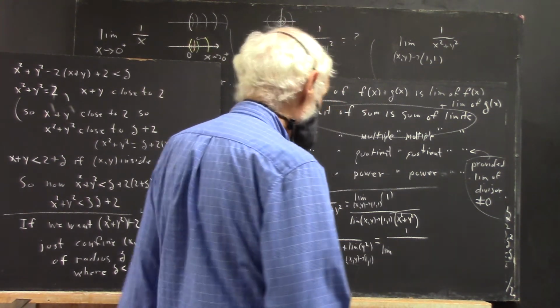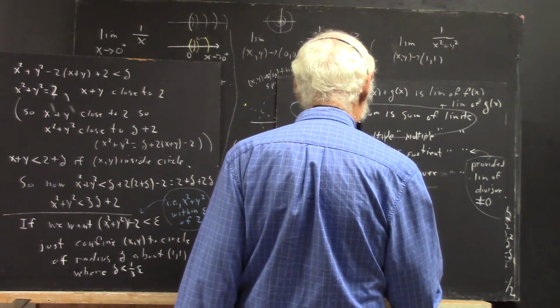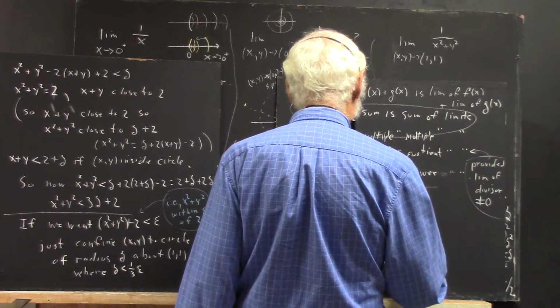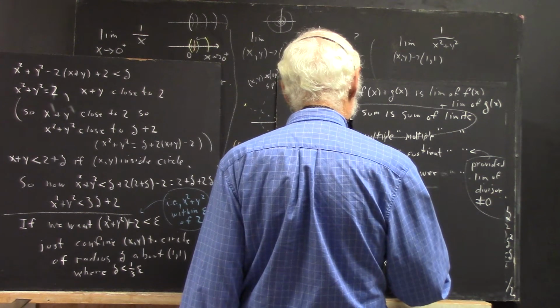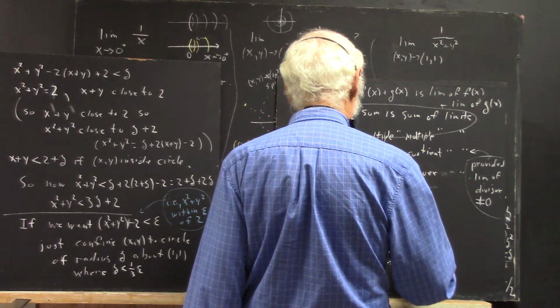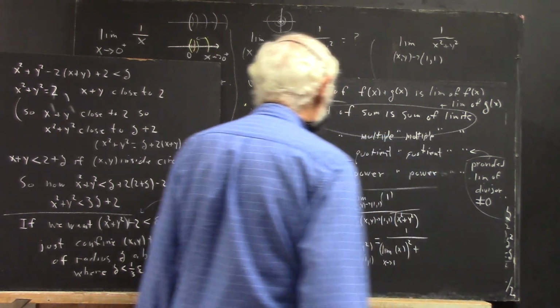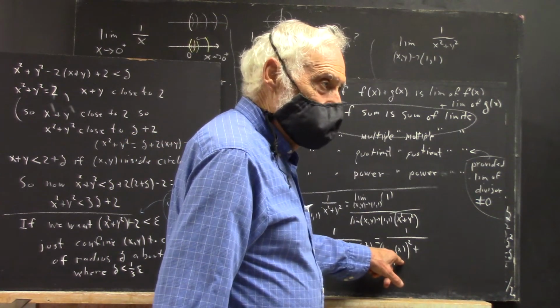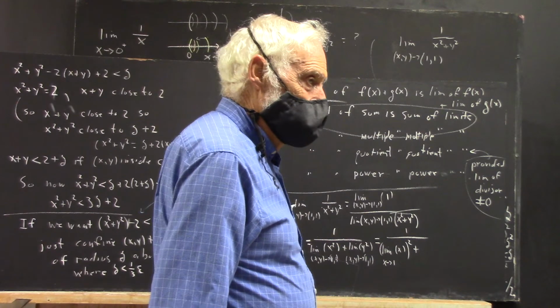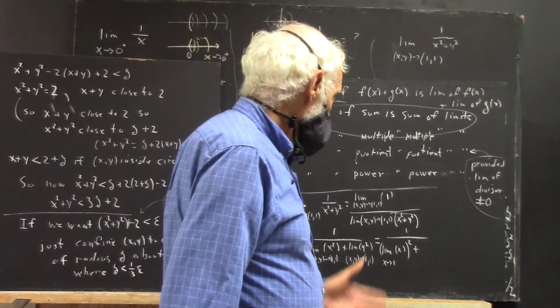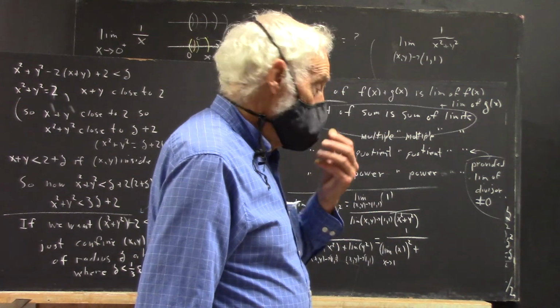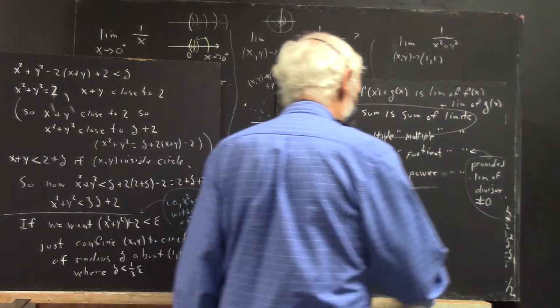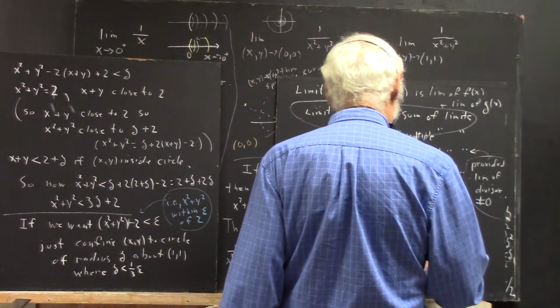Doesn't make any difference. So the limit of x squared is the square of the limit of x. Now that's totally obvious that that's got to be 1. Although it wouldn't be hard to prove at all. The epsilons and deltas would be very simple.